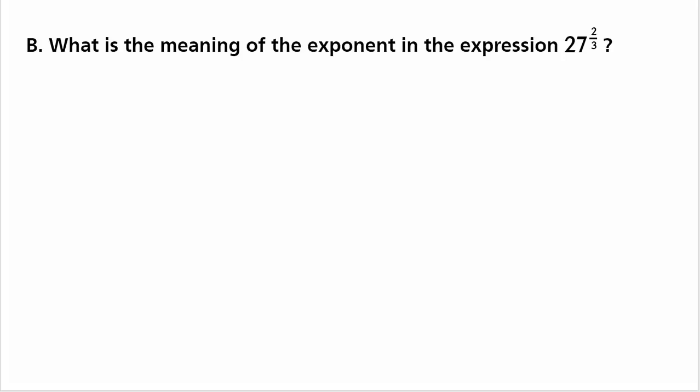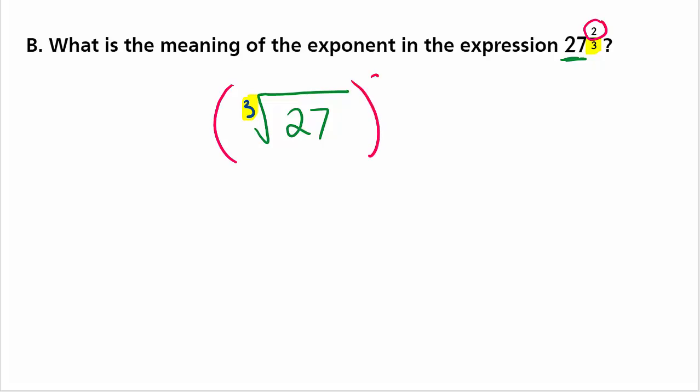So here's another question. It's a little bit more tricky because we also have a numerator. Well, we're first going to identify the 27, so we're going to put the 27 underneath. Then the denominator is a 3, so we're going to put that on the outside. Now, what are we going to do with the 2? The 2 is actually the power of the entire thing.